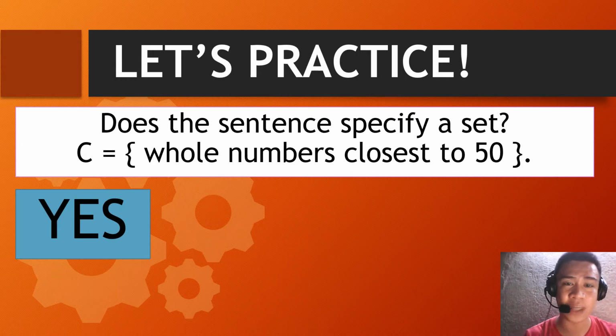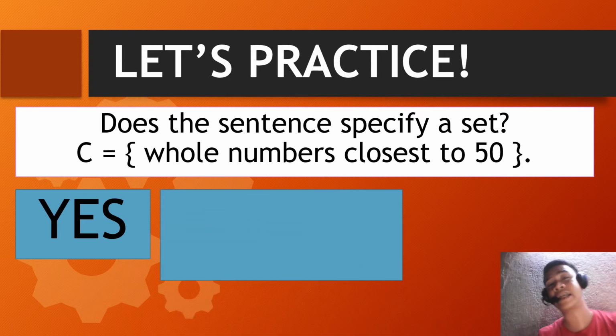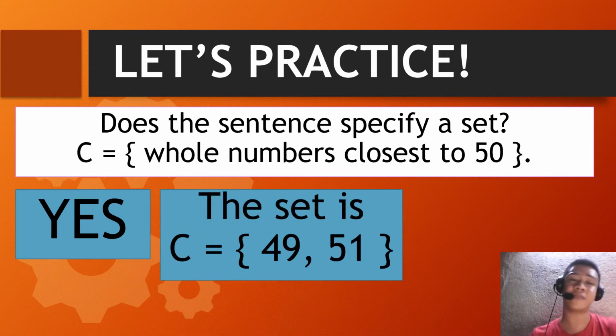Set C is a well-defined set. It says here whole numbers closest to 50, and there are only two whole numbers closest to 50, and that is, set C is a set whose elements are 49 and 51. Therefore, set C is a set.